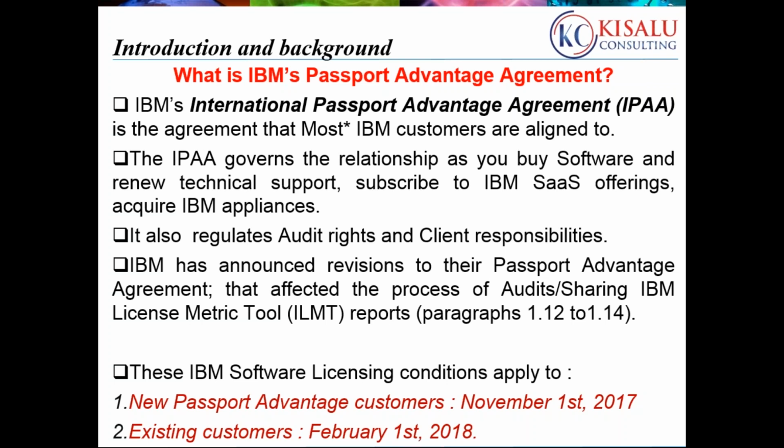IBM has over 140 types of licenses, so you need to know from the proof of entitlement the type of license that governs each customer and each product and even each version, so it depends.